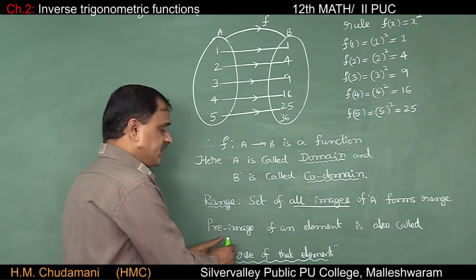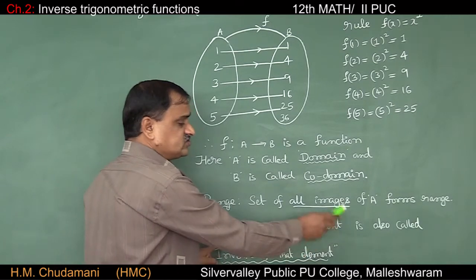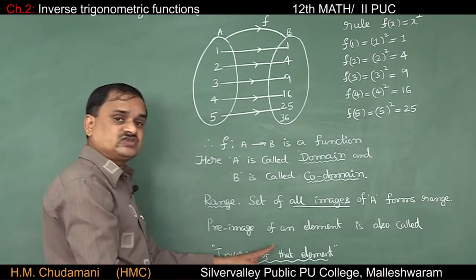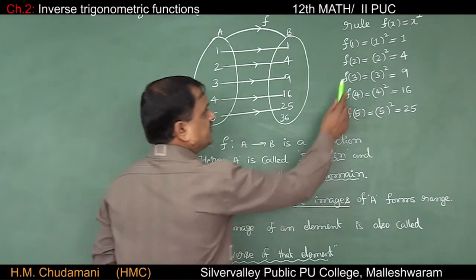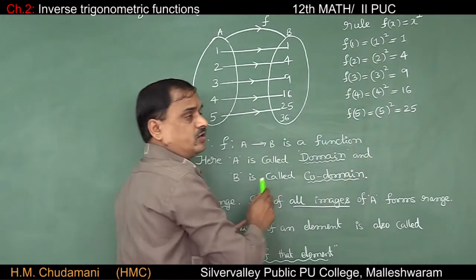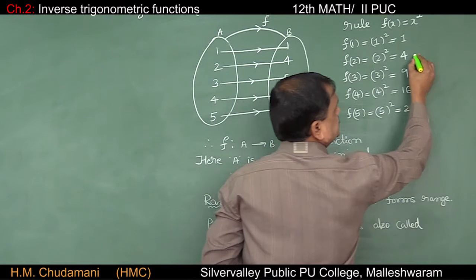Pre-images of an element are also called the inverse of that element. See here, f of 2 equals 4.